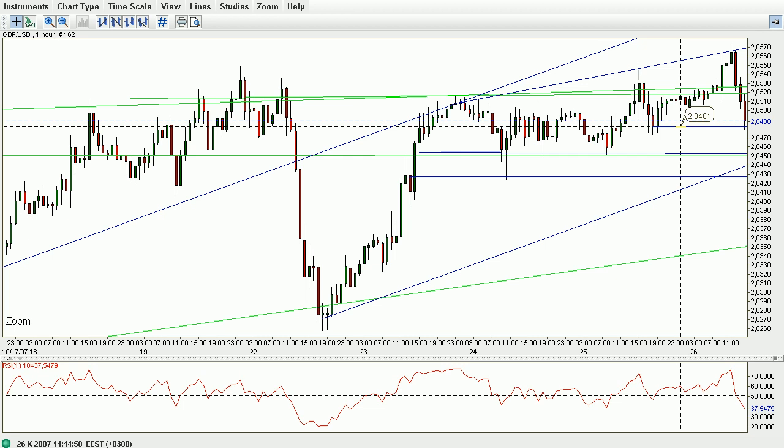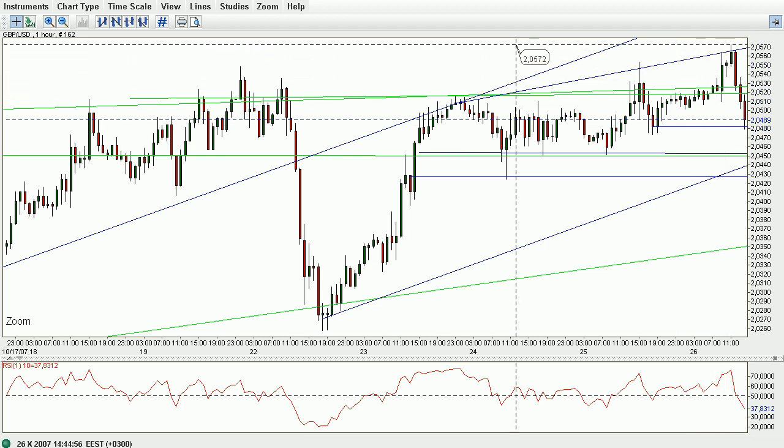So if we see a break above this level of 2.0480, then we might see a continuation of our uptrend.